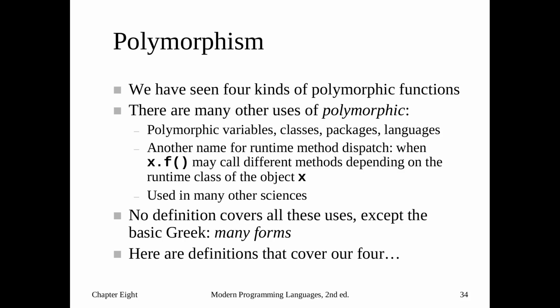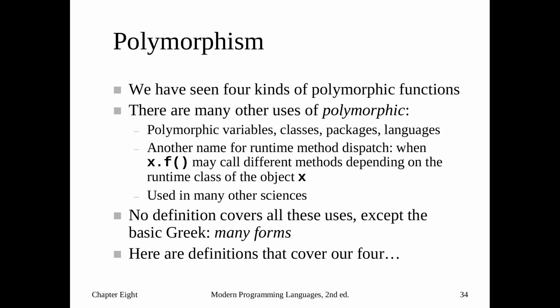When we call x.f, it may call many different methods depending on the runtime class of object X. And the word polymorphism itself is actually used in a bunch of other sciences. So it's not something that's specific to computer science, as is most of our keywords that we use. We stole them from everywhere else.